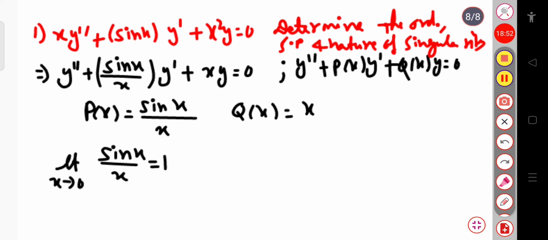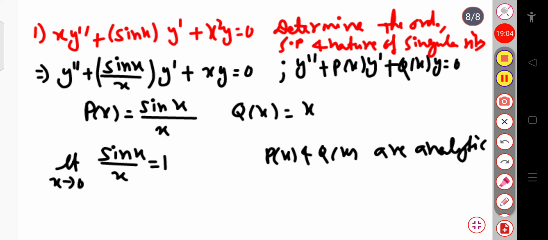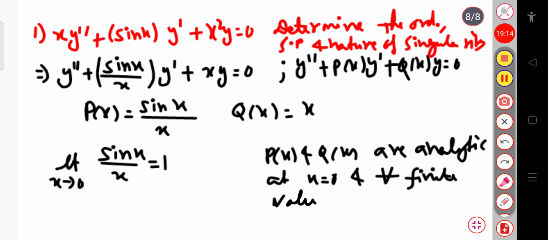So simply here you can see that p of x and q of x are analytic at x equal to 0 and for all finite values of x. Here we are not considering the x equal to infinite term.